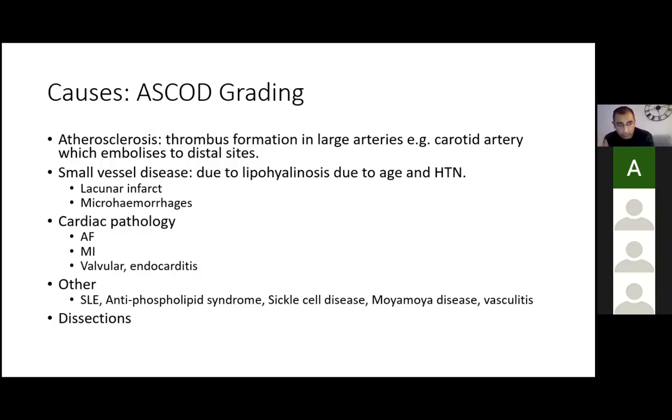Any of these things can fire off an embolus and cause a stroke. And then there's some other causes as well, like antiphospholipid syndrome, dural venous sinus thrombosis which can cause venous strokes, sickle cell disease, vasculitis, these are all causes of strokes. And also you can get dissections as well, causing strokes.